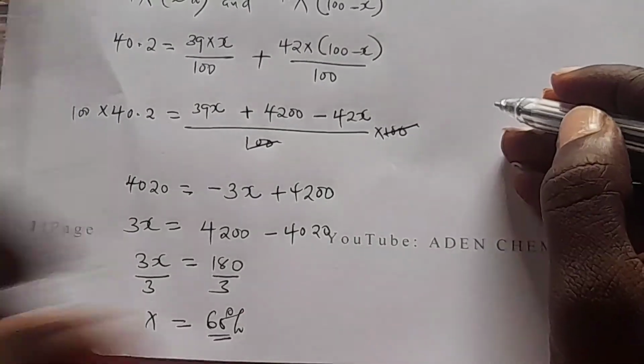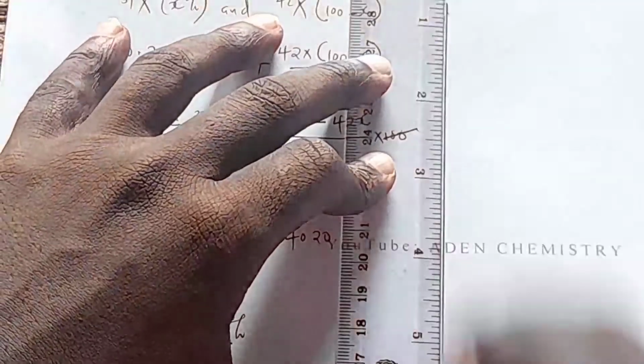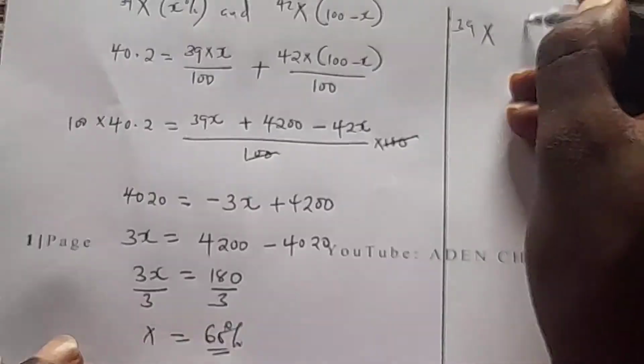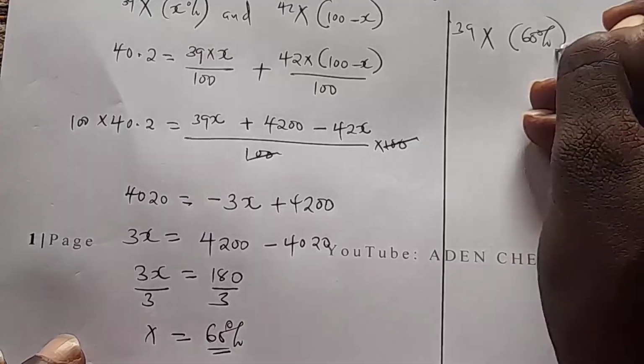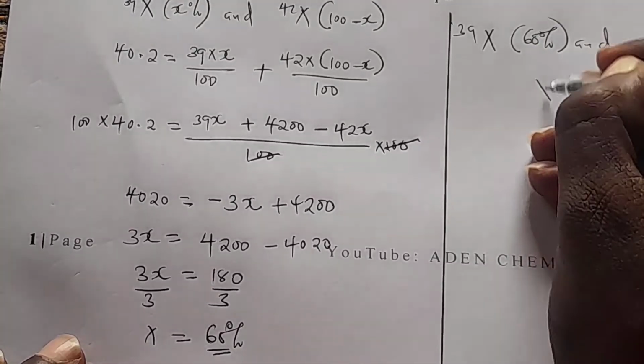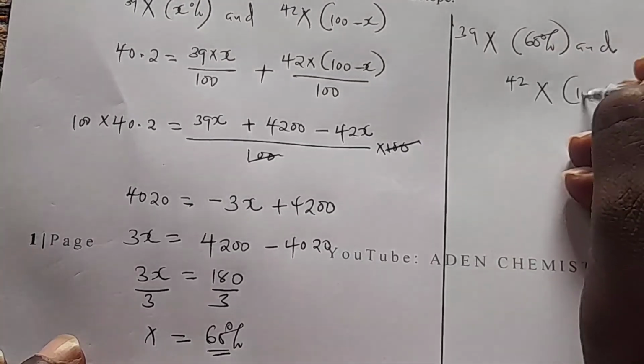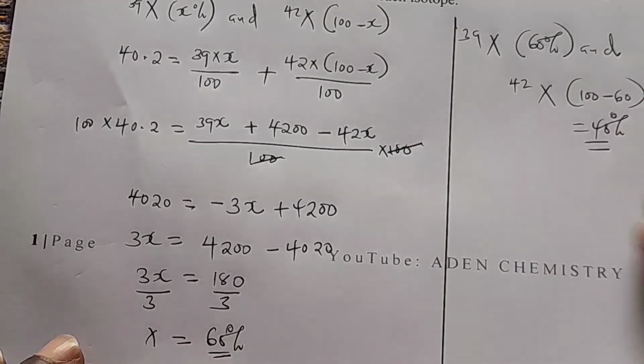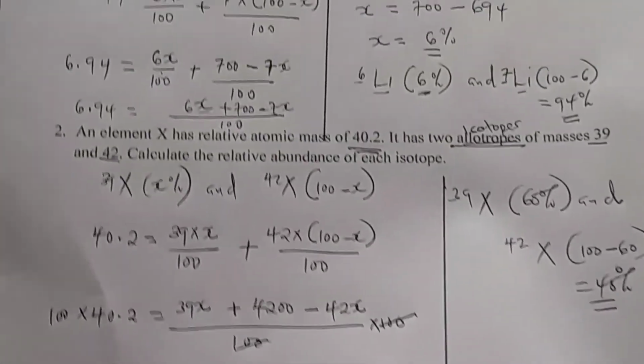So if this is 60%, what's the other one? So we are going to say X39 is having 60%. And then that means X42 is going to have 100 minus 60, that is 40%. Okay, we have gotten our answer like that.